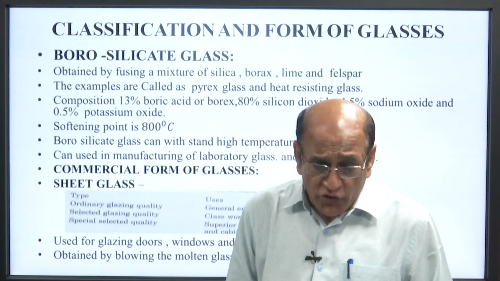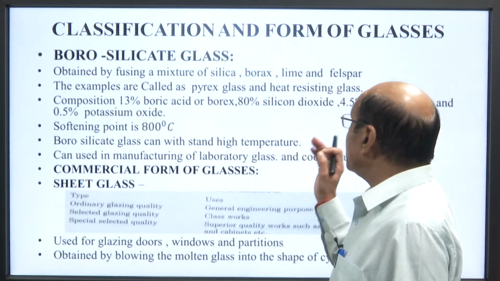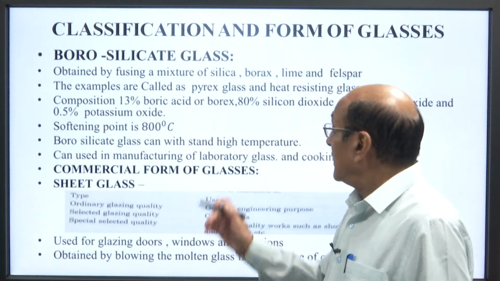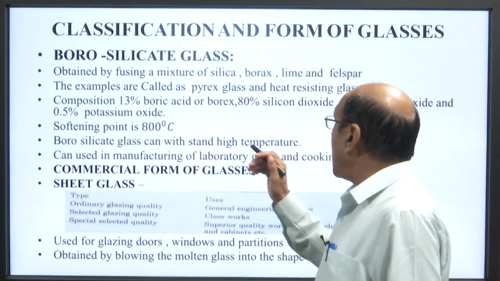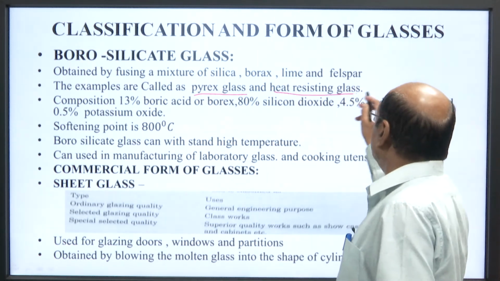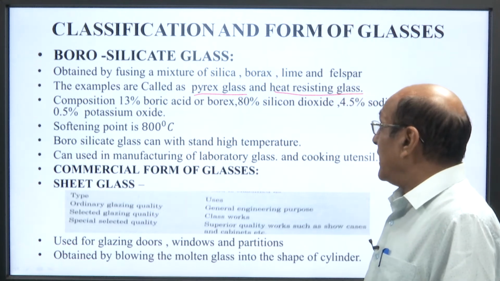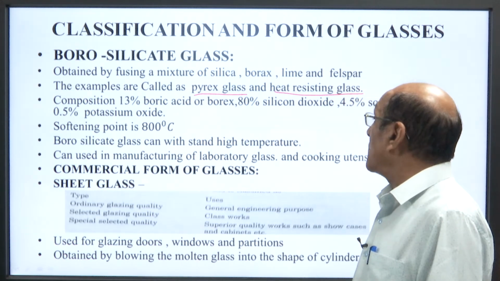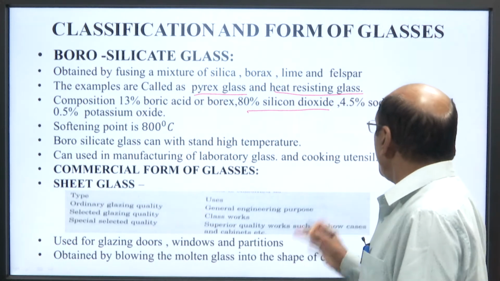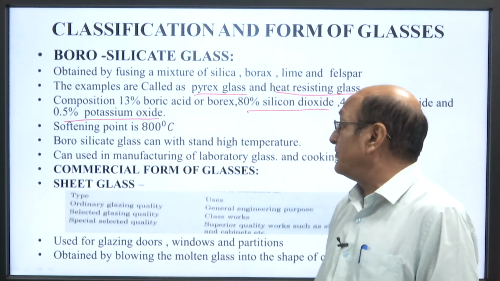Next is borosilicate glass. It is obtained by fusing a mixture of silica, borax, lime and feldspar. Examples are Pyrex glass and heat resistant glass. The composition is 13% boric acid or borax, 80% silicon oxide, silicon dioxide, 4.5% sodium oxide and 0.5% potassium oxide.